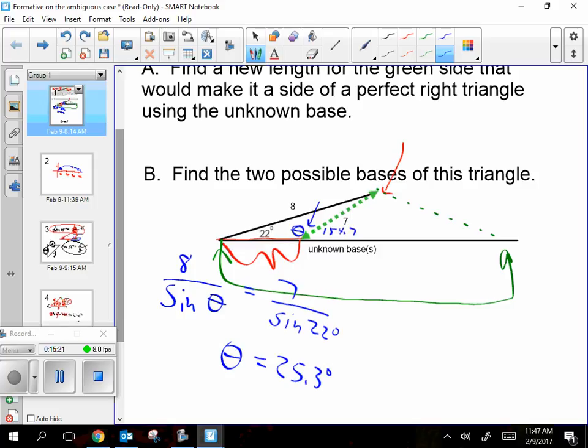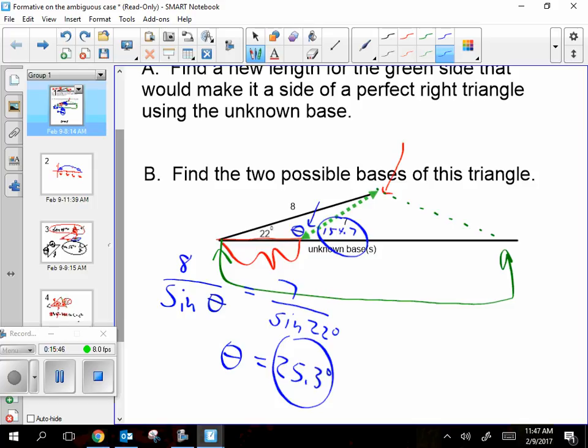Okay. And do you get that what's really happening is you're figuring out that 154.7 or 25.3 would both give you the same thing? If you haven't tried that yet, sine of 25.3 or sine of 154.7 come out the exact same. It's the point of this, an ambiguous case.